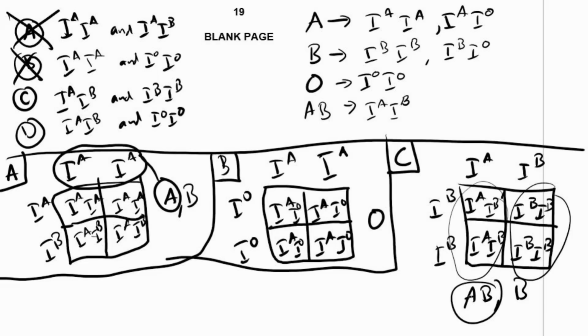But AB is the same as the parent's AB, and B is the same as the other parent's B, so it's not going to be different from the parents. So it's not C, so maybe it'll be D.